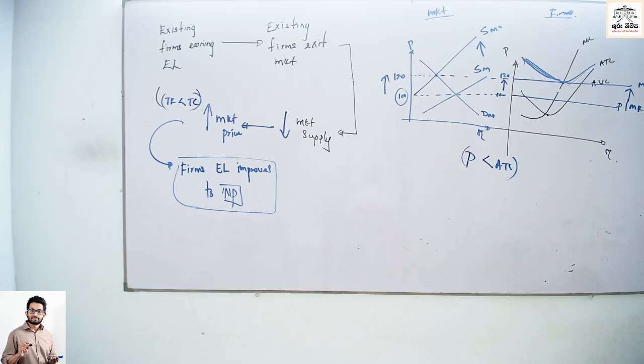But remember that exit will stop when the firm earns normal profit, not less than that. When existing firms earn normal profit in the long run, the exits will stop. No firms will leave the market when the economic losses come to normal profit. Okay, right.